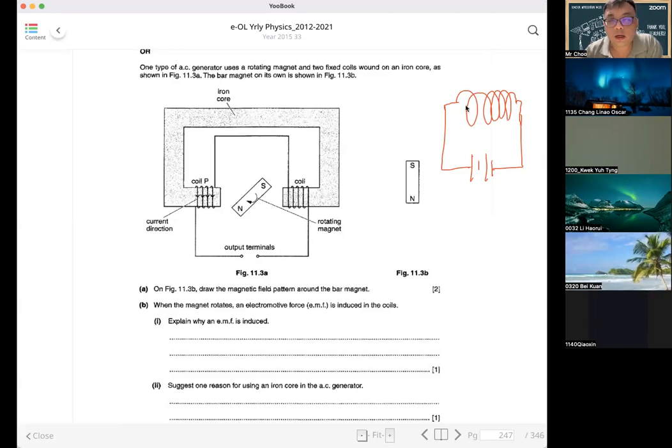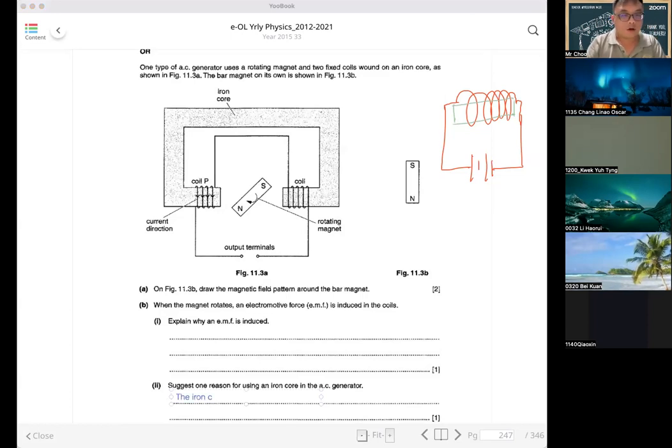You also create a magnetic field here. But if I were to add an iron core inside the solenoid, this magnetic field will be even stronger. Okay, why is that so? Do you all know why? Let me give you a reason why.